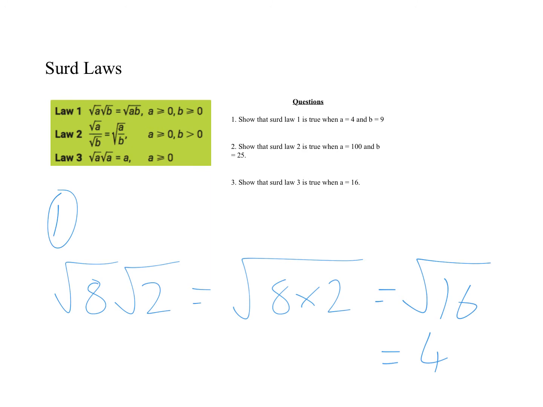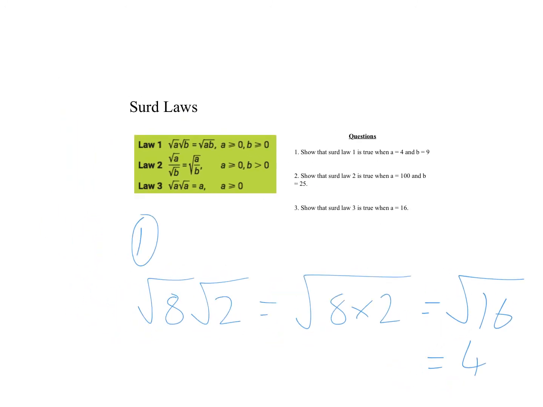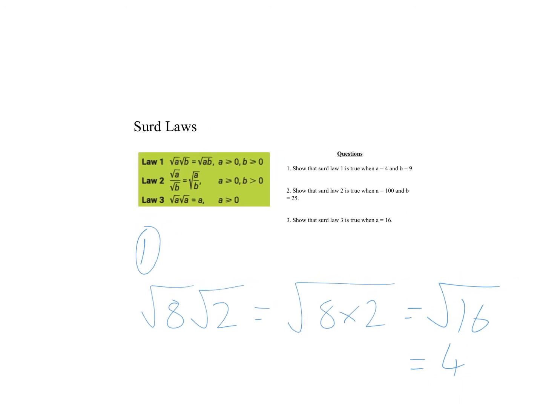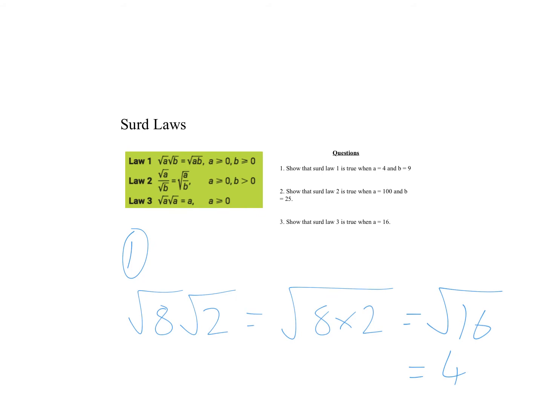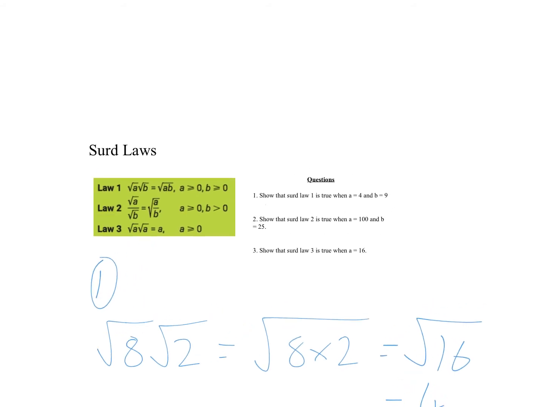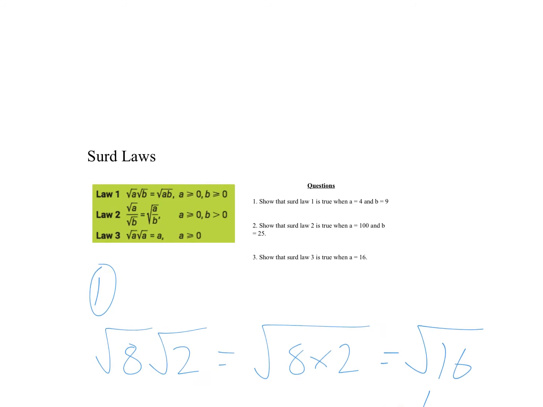For surd law 2, if we have two square roots divided by each other, then we can just get the square root of the numbers divided by each other. So square root of a divided by square root of b is equal to the square root of a over b. An example of this, we could say that square root of 50 divided by the square root of 2.